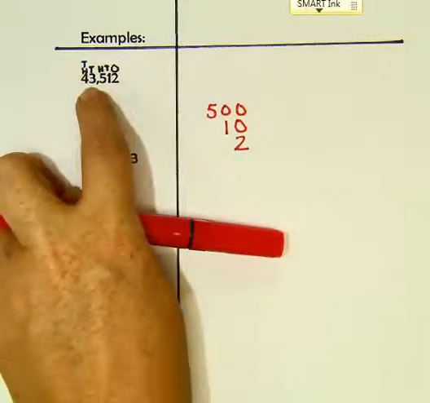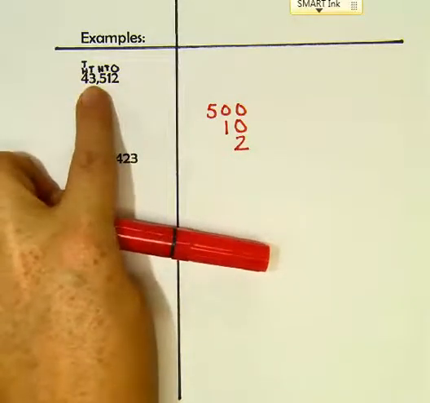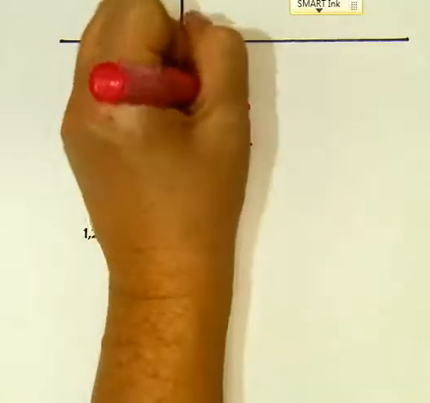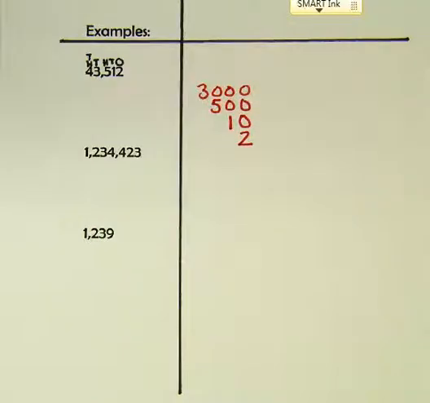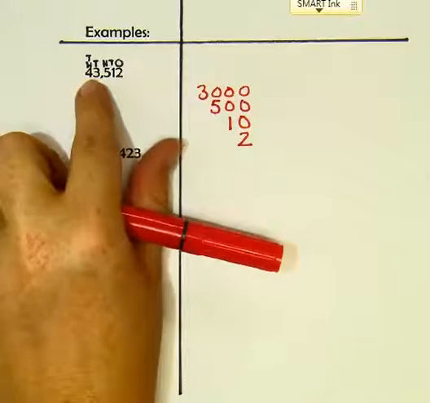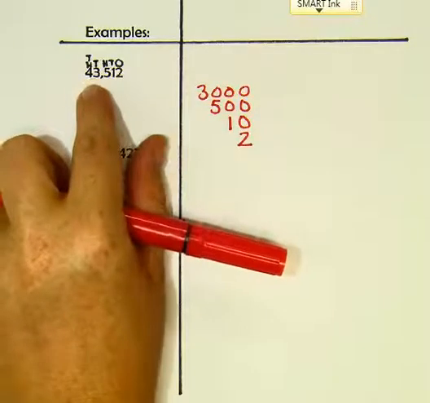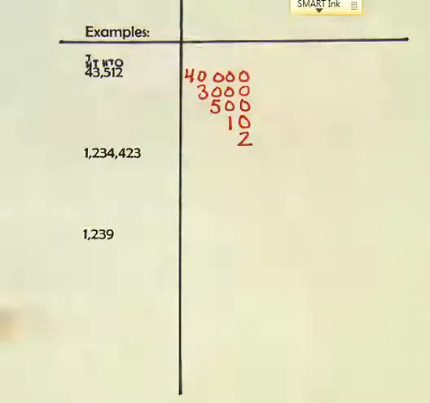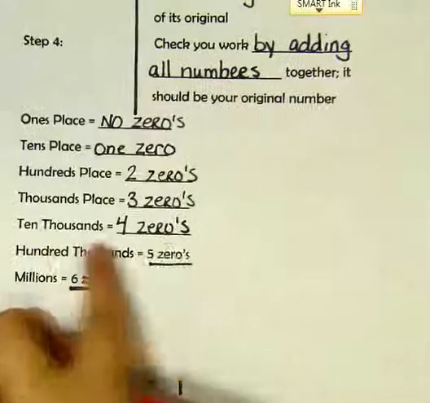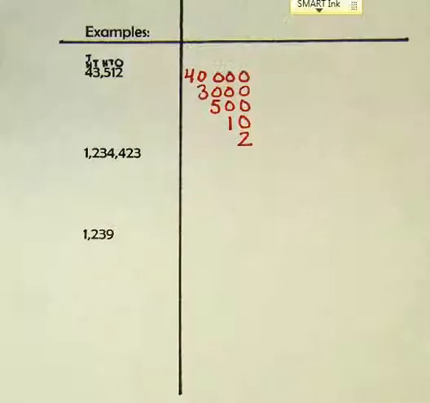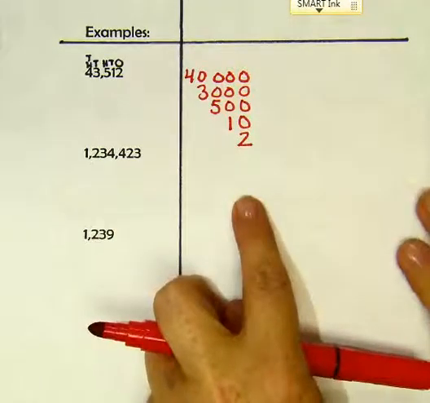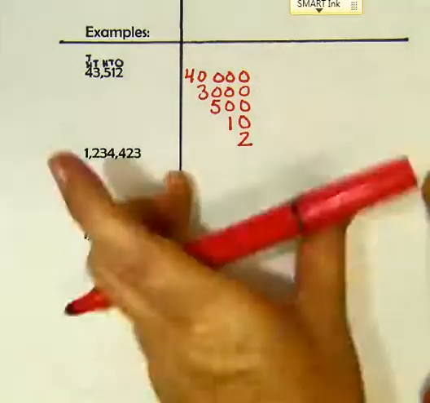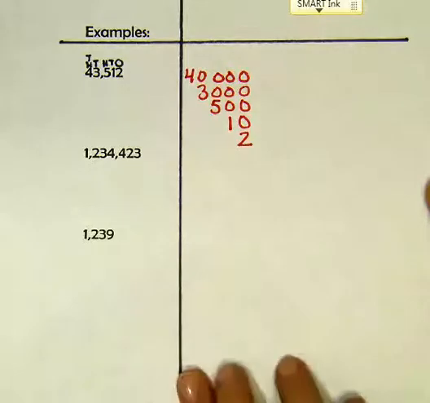3 is in the thousands place. So 3 1000s is worth 3,000. The 4 is in the 10,000s place. So 4 times 10,000 is 40,000, or 4 zeros if you look back at your notes. So this is really expanded form. The only thing I have to do now is take those numbers and write them as an addition problem, because that's what my definition says.